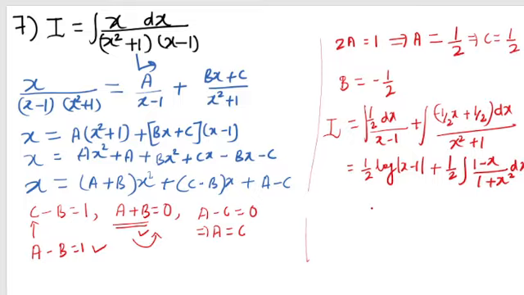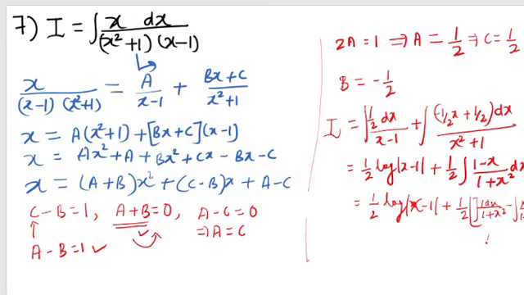So this is equal to 1 by 2 log of mod x minus 1, plus 1 by 2 as it is, and we are going to split it into two parts: integration of 1 upon 1 plus x square dx, and next integration of x upon 1 plus x square into dx.